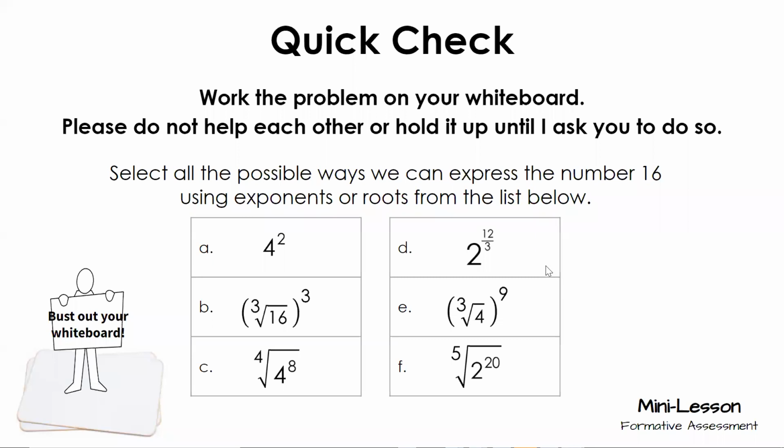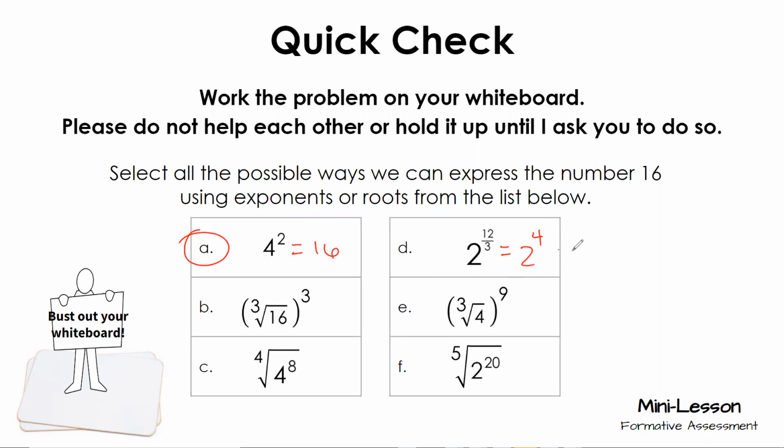All right, so let's talk through a couple of these. 4 squared, if we simplify that, what is that going to give me? 16. So that's going to work. On the next one, over here to the right, if I took 12 and divided it by 3, that would give me 2 to the 4th power.